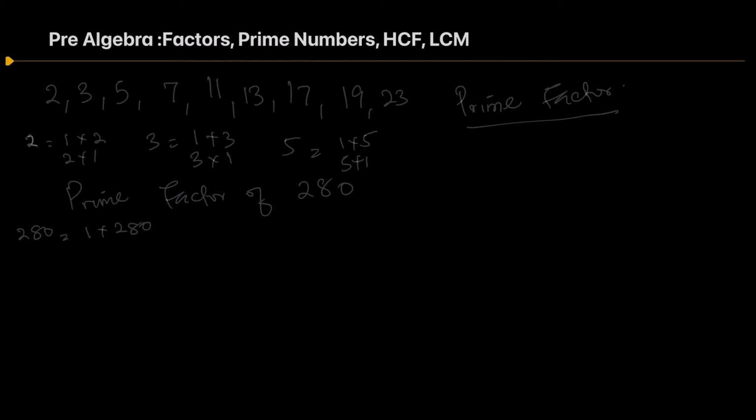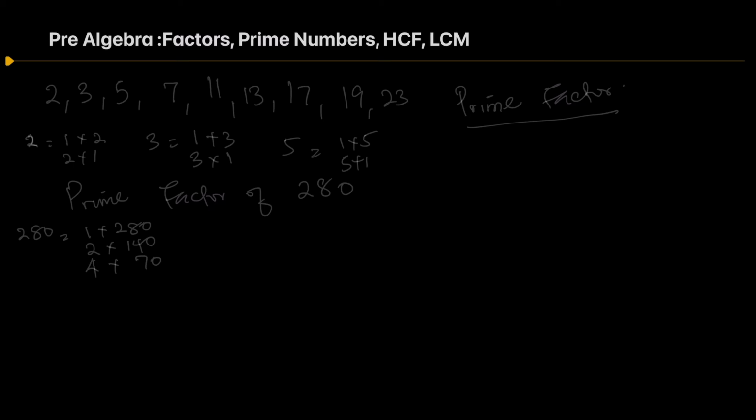When you try to go further, you see 2 is possible, and you have 2 times 140. When you try 3, 3 is not possible; you cannot find 3 multiplied by anything to give you 280. So you go to the next number. Is 4 possible? Yes, 4 times 70 will give you 280.